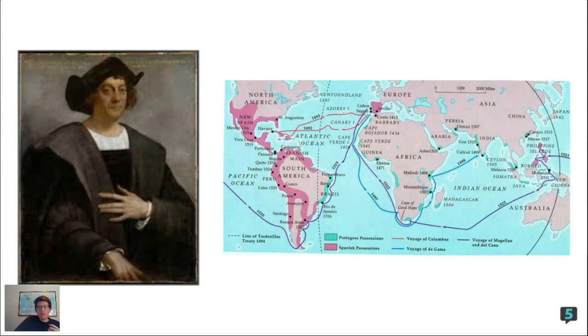Columbus's discoveries in the Americas lead to a much higher interest in trade by other European countries, particularly England, France, and the Netherlands. And they will begin their own exploration of the North Atlantic and begin to establish their own empires in the Americas as well, especially in the Caribbean and North America.